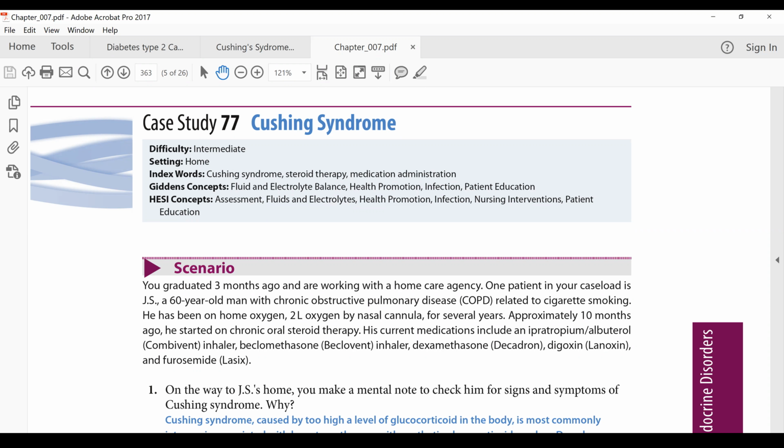Too much cortisol. Okay. What else? Cancer of the pituitary, a tumor. Okay. Anything else?